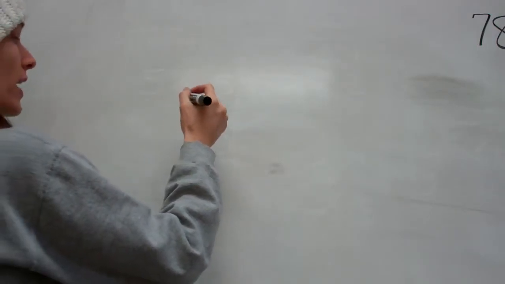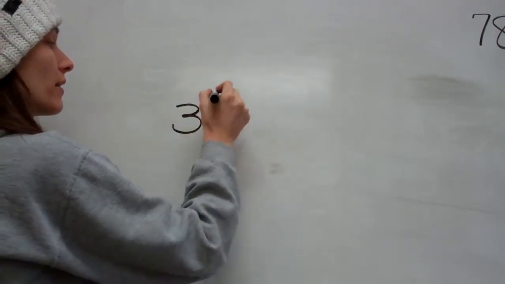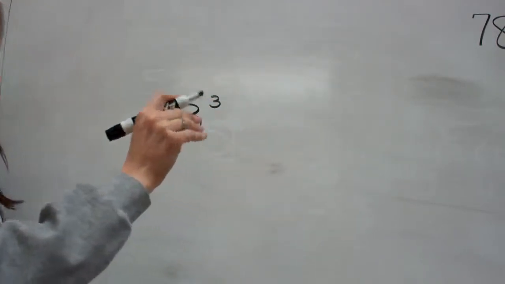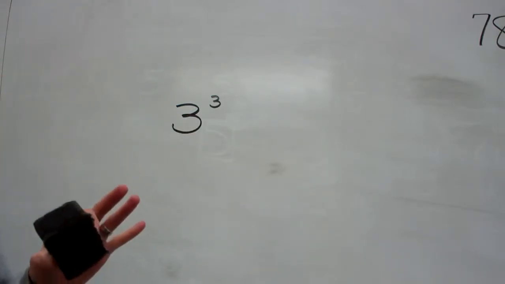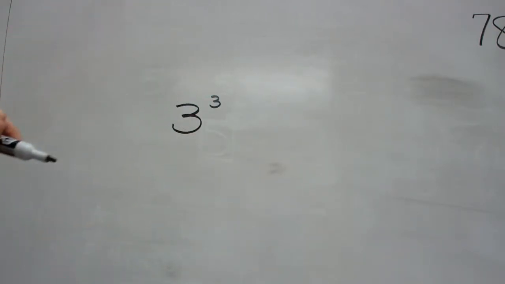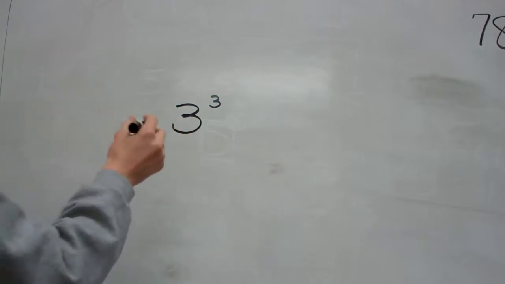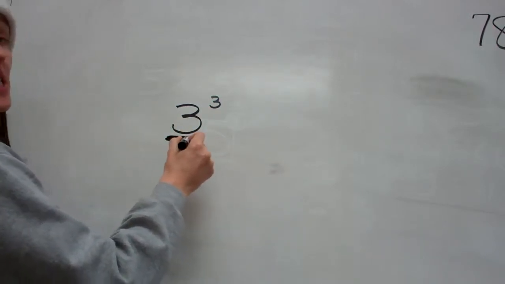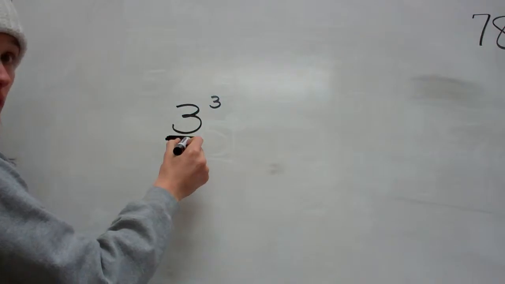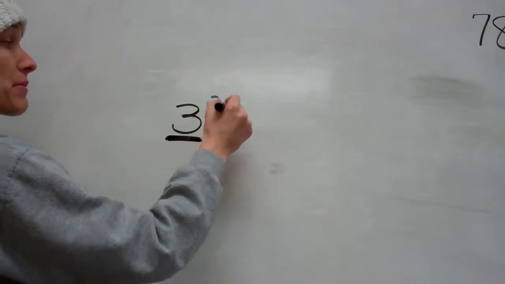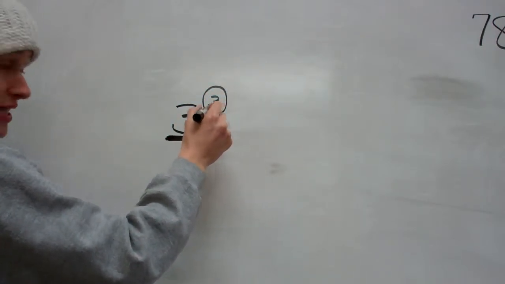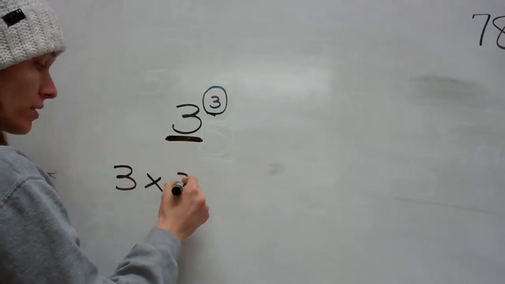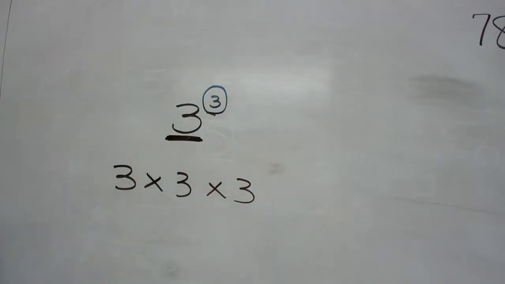Let's do another one. What if I said 3 and then I put a 3 up here? Based on what I told you, what am I supposed to do? This is my base. This is the number I'm going to write over and over. How many times am I going to write it? 3 times. And I put a times in the middle of them.